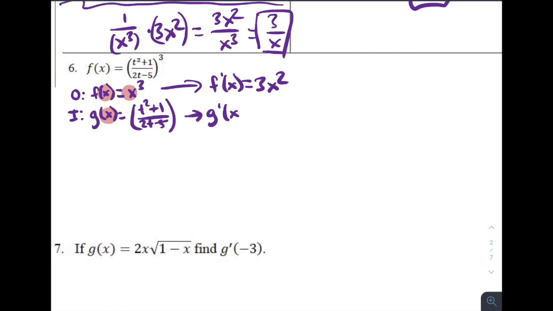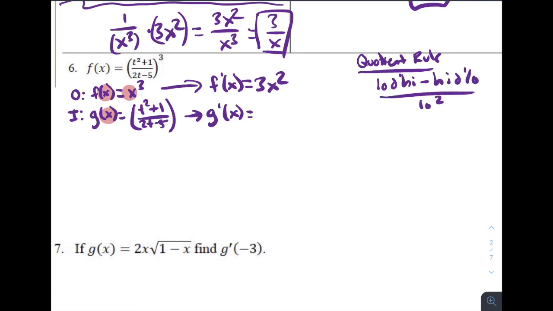G prime of x, we have to do our quotient rule here. And so remember, that is low d high minus high d low all over low squared. That's the way that I remember it from way back when in chapter 2.